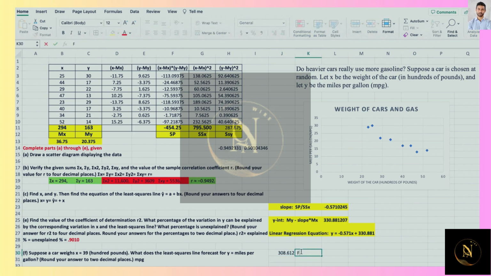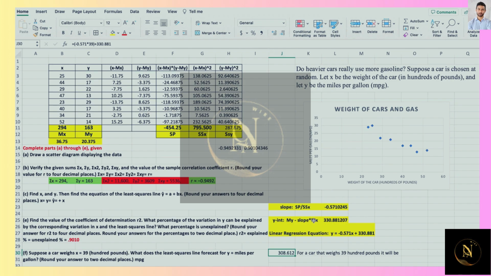So for a car that weighs 3,900 pounds, it will be, hold on, negative times 39 plus 330.